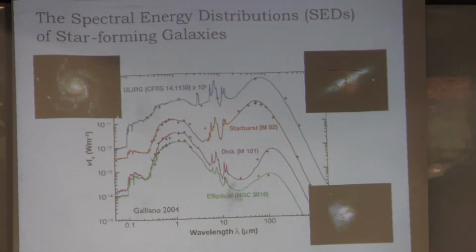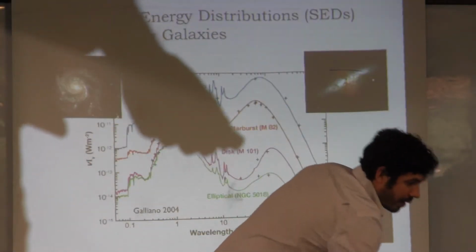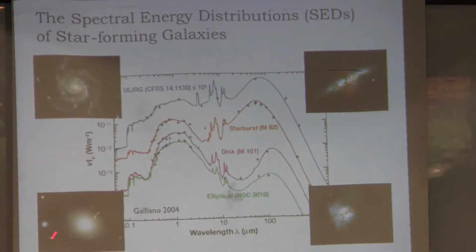It has so much dust, and this dust is being heated by some process, most likely star formation, and it's completely dominated by the emission of far infrared wavelengths. But finally, through many processes, these galaxies also evolve into galaxies that have very little dust left because it has already been consumed.